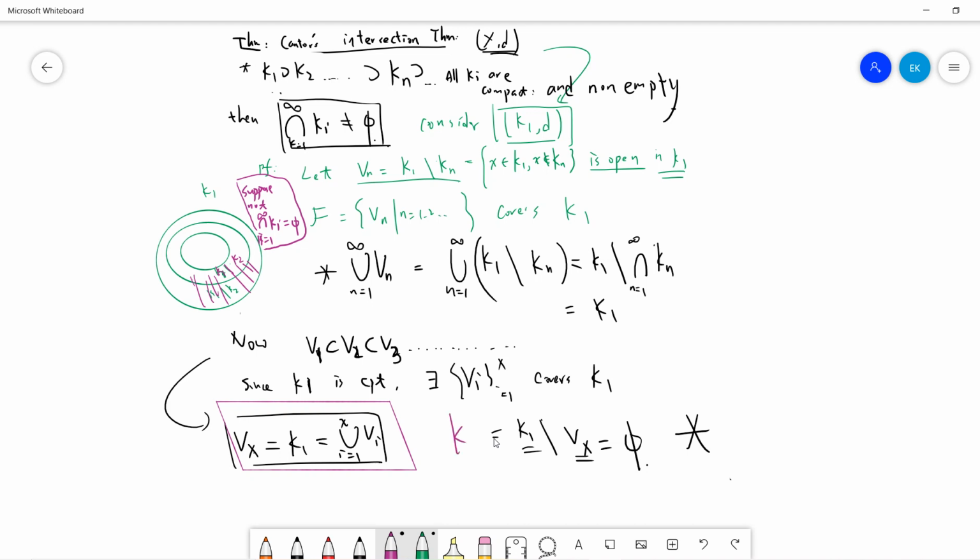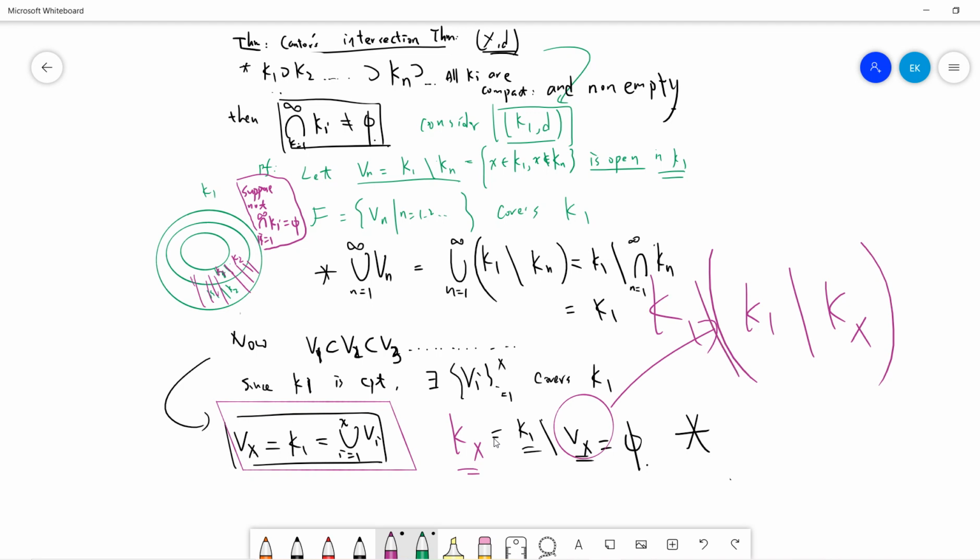This Vx is K1 delete Kx, so K1 delete Vx will be Kx, right? But Vx equals K1, so Kx is empty. But my assumption is that everything is non-empty, so that is a contradiction.